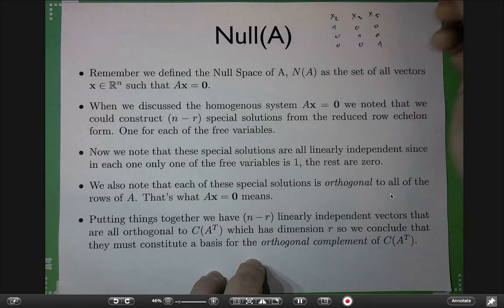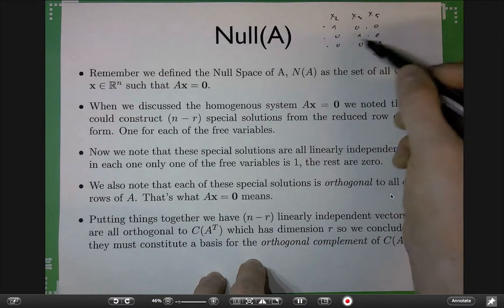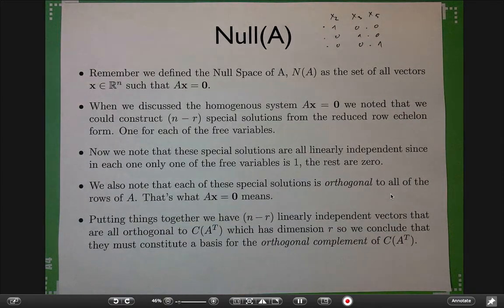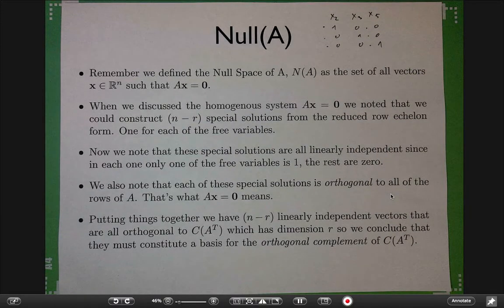And then I get some other values for x1 and x4. But it doesn't matter what I get there, because these zeros and ones already guarantee that these vectors will be linearly independent. Once this identity matrix pattern appears there, linear independence is guaranteed.